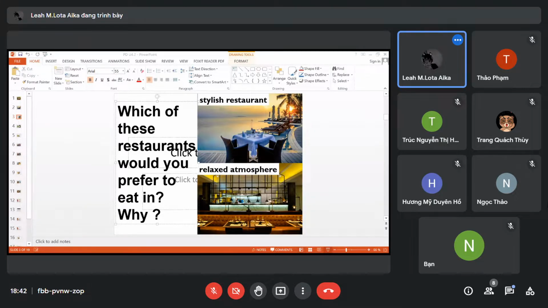The first one is a stylish restaurant, and the next one is a relaxed atmosphere restaurant. The question is, which of these two restaurants would you prefer to eat in, and why? The first one comes with a beach view, and the second maybe a very fancy one.